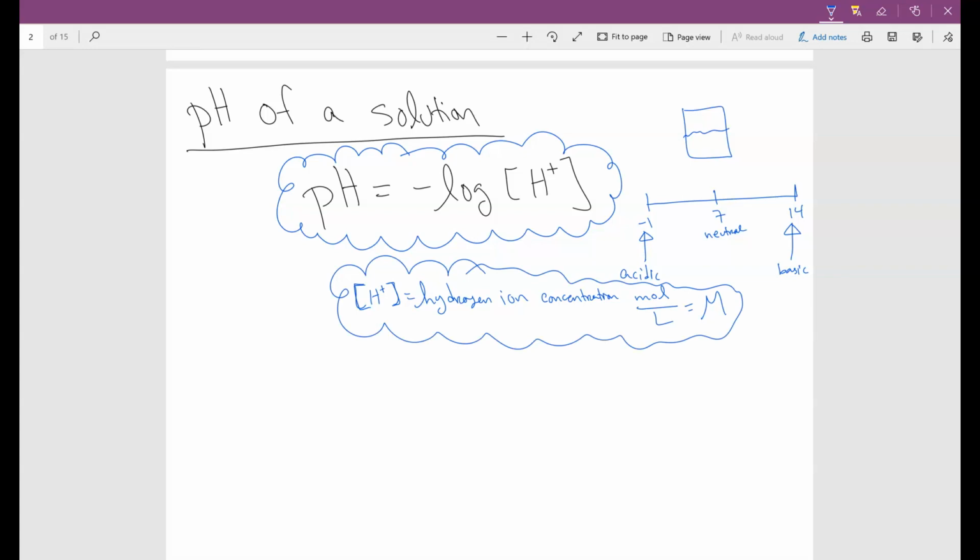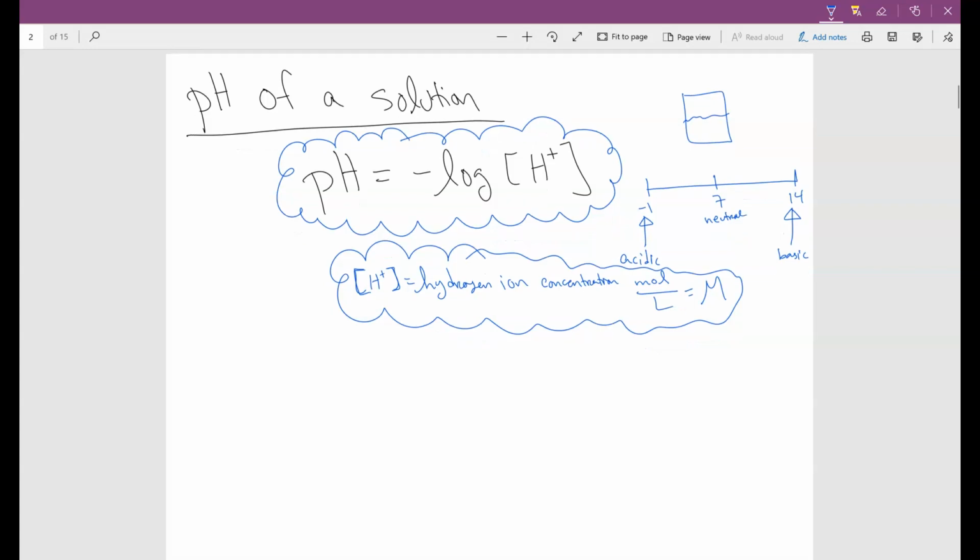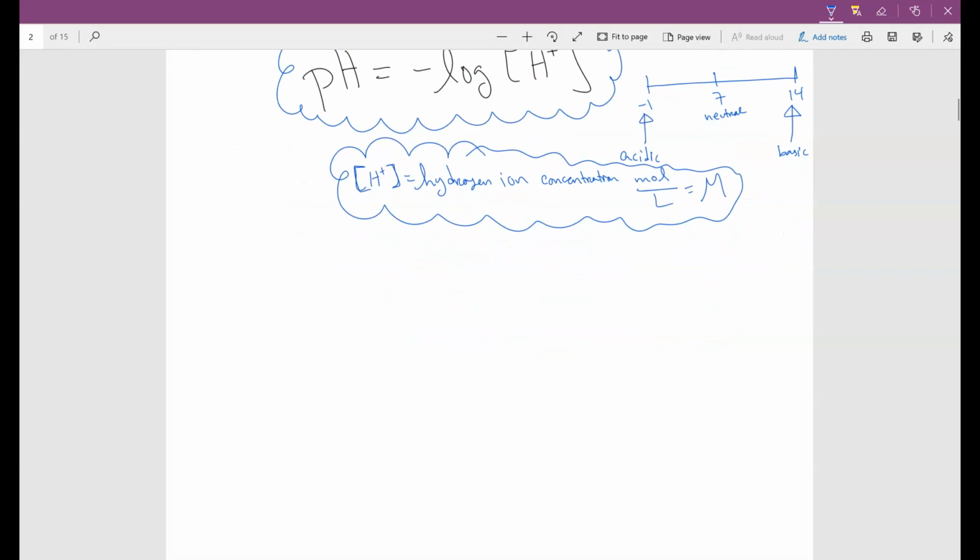One of the things about ions and atoms is that a lot of these have very small quantities, so you're going to see a lot of scientific notation, like 2 times 10 to the negative 8th power, in moles per liter. Remember what this means.